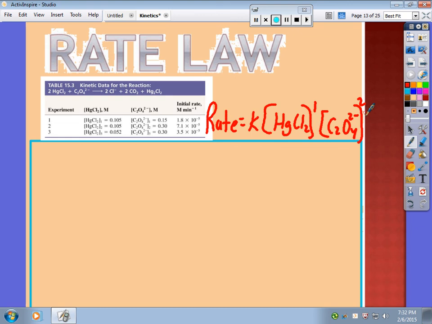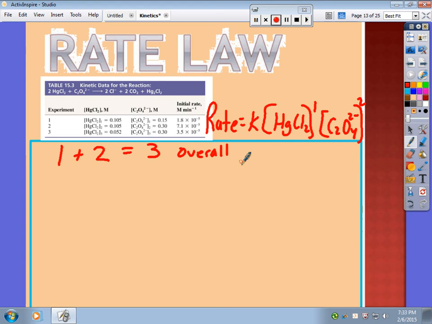Right now, I want to find the overall order. That's easy. I look at my exponents. I have first order for HgCl2 and second order for that ion right there, the C2O4. I'm going to go ahead and add 1 and 2 equals 3. That's my overall order. That tells me how much changing my reactants affects my reaction. So what's this tell me?